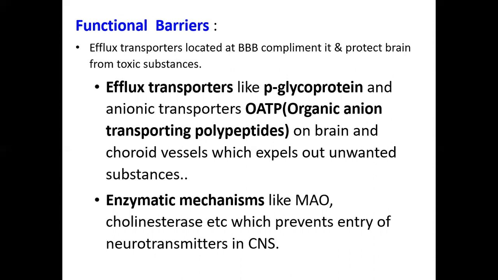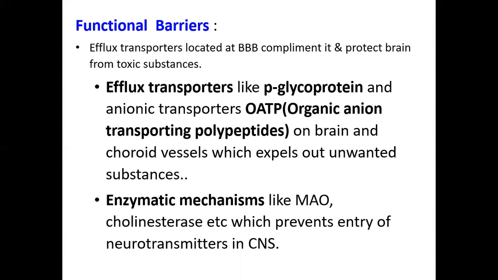Efflux transporters like P-glycoprotein and OATP on brain and choroid vessels expel unwanted substances. And enzymatic mechanisms like MAO and cholinesterase also prevent entry of neurotransmitters into the brain.